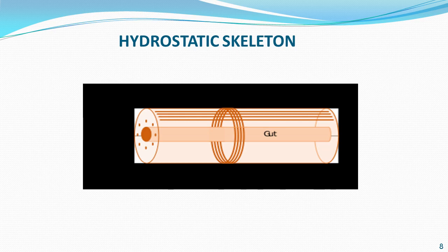That fluid is what they call the hydrostatic skeleton, right? When the muscles contract, as we said, circular muscle as well as longitudinal muscle, this hydrostatic skeleton also supports it. That's why they say the hydrostatic skeleton also helps with the movement of the body, right?